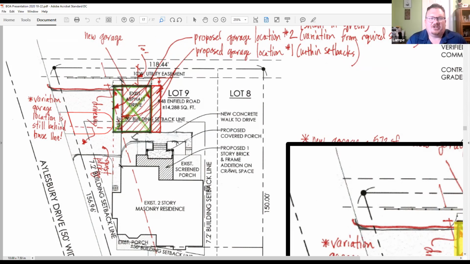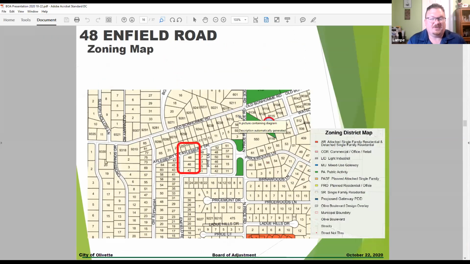Yeah, we do have a little bit of an issue with the grades, the topography coming off of that rear porch on the existing house, and then how we would get into the garage. There are some steps that will be there, and the back of the garage is partially a retaining wall, partially a framed wall out of the ground.